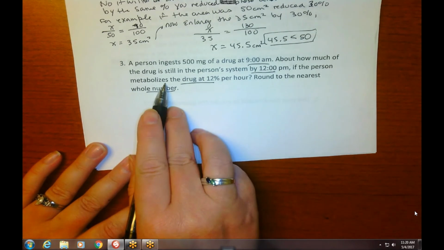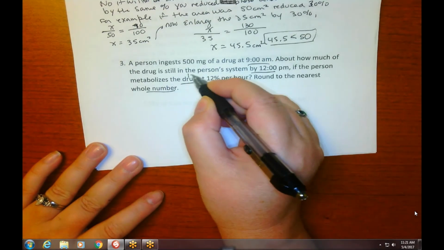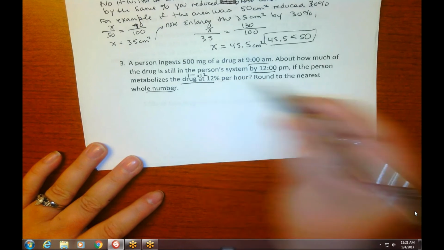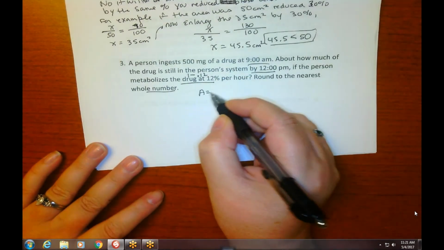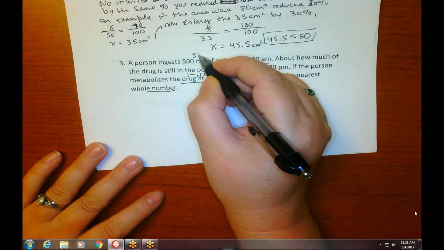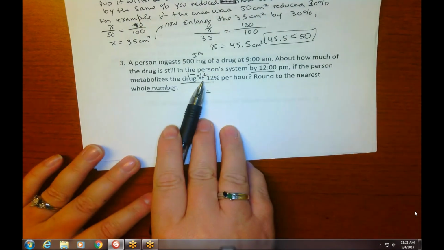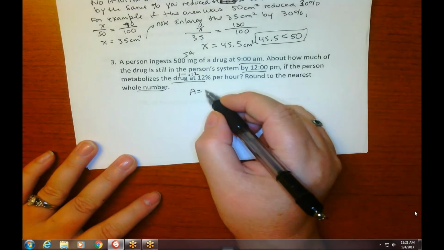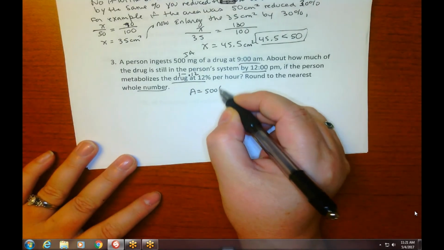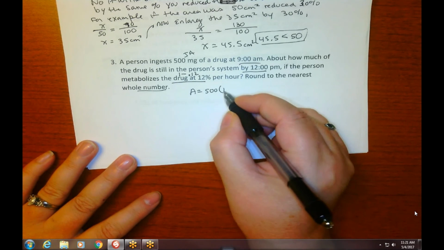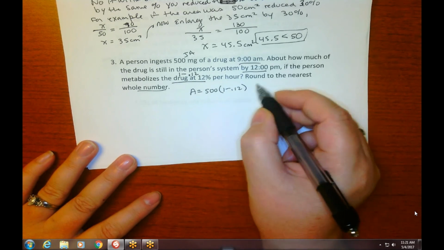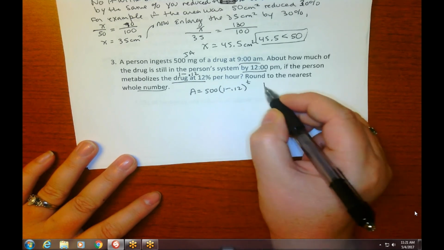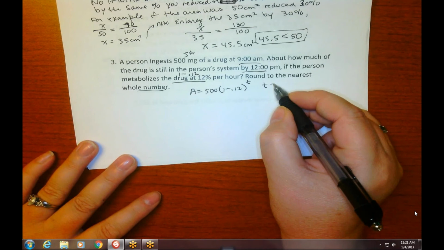Metabolizing is decay, so that's going to be 1 minus the 0.12. Initial amount, we know it is exponential because this is a rate, a percent. So it's 500 times 1 minus 0.12 to the t, and t is the number of hours.